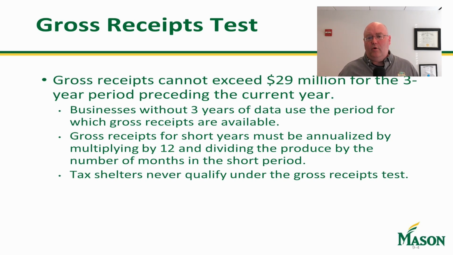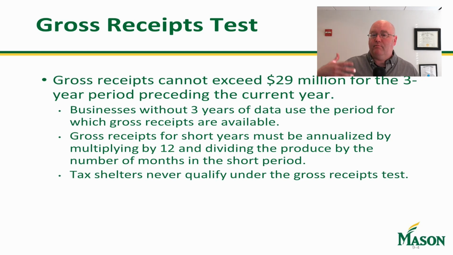But out of those three, before you decide which one to choose, you've got to find out if you bust the gross receipts test. Because if you bust the gross receipts test, you have to choose accrual, and there are no ifs, ands, or buts about it. So again, $29 million for the past 3 years. I wish I ran a $29 million company, but I don't.